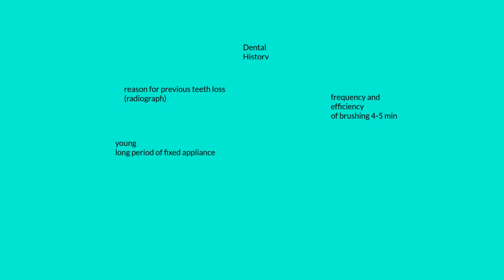During long periods of fixed appliance use, you may face crestal bone loss, partly from tooth movement, and partly from periodontal inflammation. These two causes may affect the whole periodontium of the patient. So you should take into consideration the use of orthodontic appliances, and the period that the patient wears this appliance.